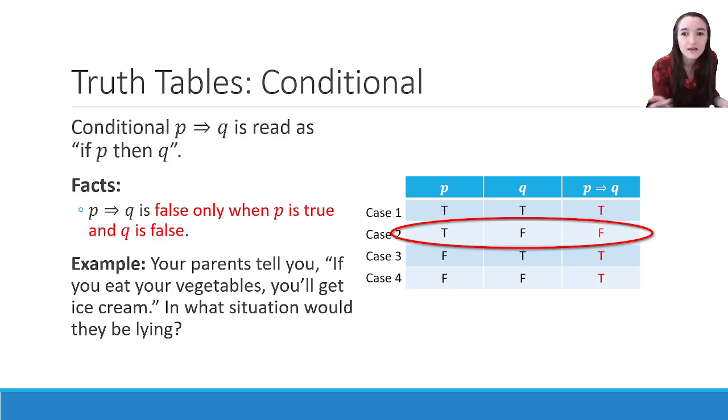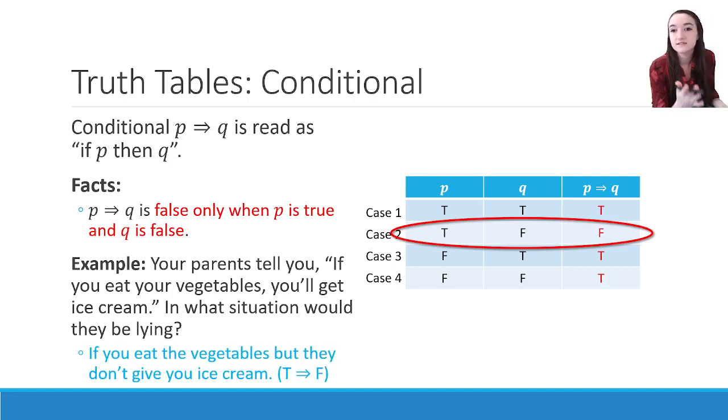So it doesn't matter what happens if you don't eat the vegetables. They can give you the ice cream or not, doesn't matter. They never made any promises about what happens if not. They only made a promise about what happens if you eat your vegetables. So they are only lying to you if they don't give you ice cream after you eat those vegetables.